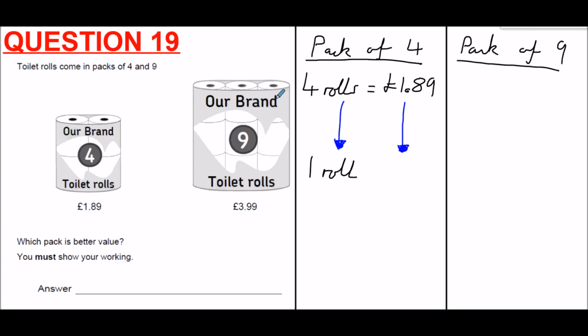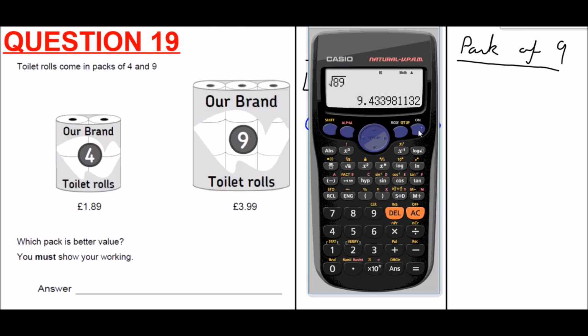So per roll, to go from 4 to 1, well, any number divided by itself is 1. So what we can do here is divide by 4. And over here, £1.89 divided by 4 will tell us the cost per roll.